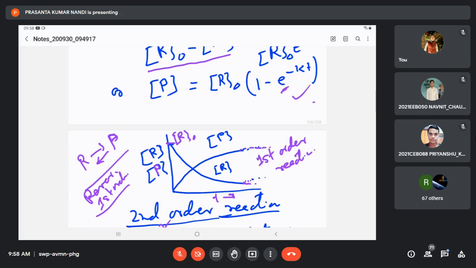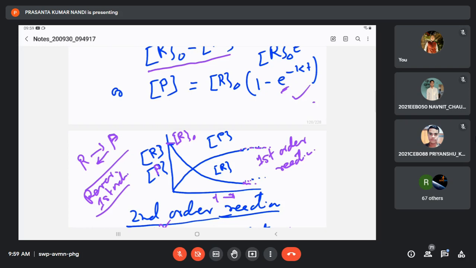In that case, we call the reaction reversible. This is a typical reaction. If you trace the reactant concentration versus time or product concentration versus time, it would appear like this.